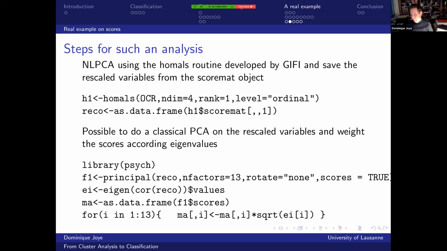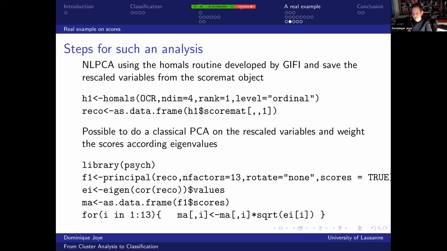Then there is a point you must be careful about. Most programs of factor analysis and principal component analysis give you factor scores which have a mean of 0, okay, that's fine, but the same variance, the same standard deviation of 1.